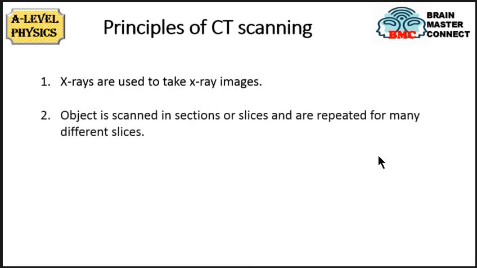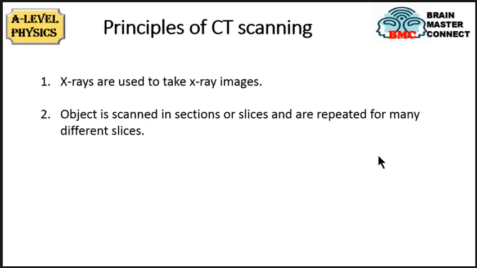The second one, object is scanned in sections or slices and are repeated for many different slices, and that is what we have practically done under development or construction of image by CT scanning.